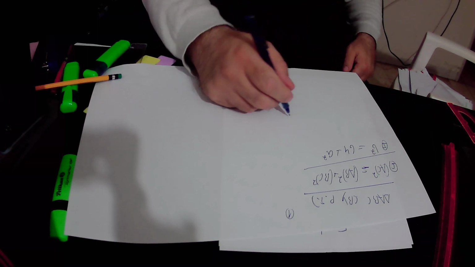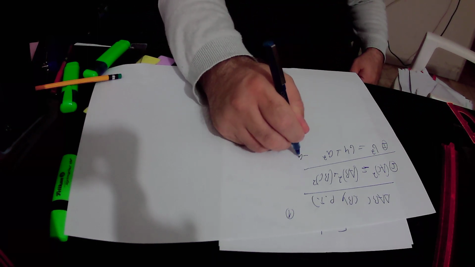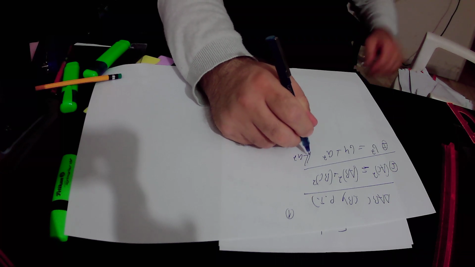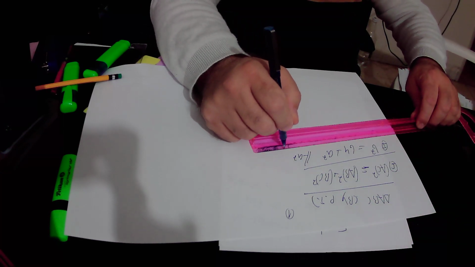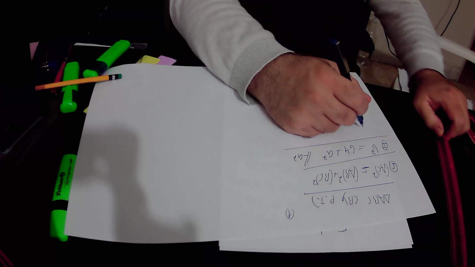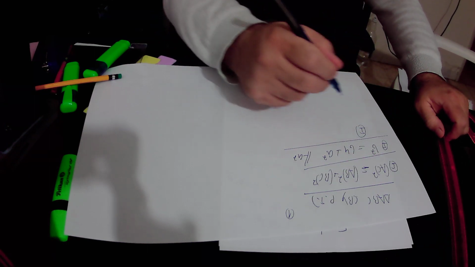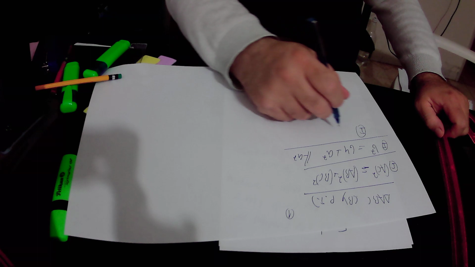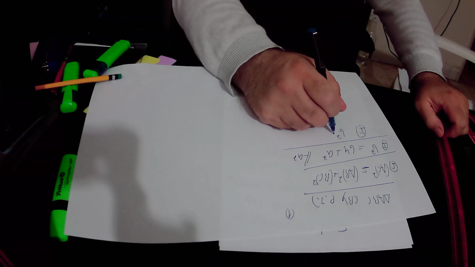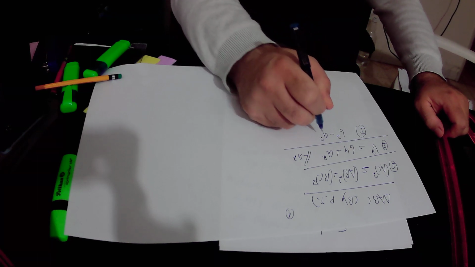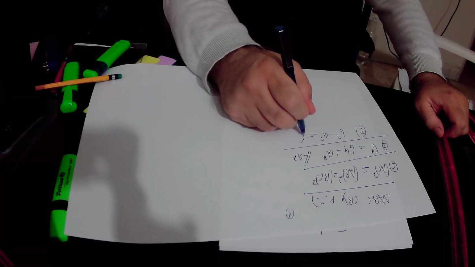Here we will subtract A squared from equation number 1. And we get that according to equation number 1, B squared minus A squared equals 64.